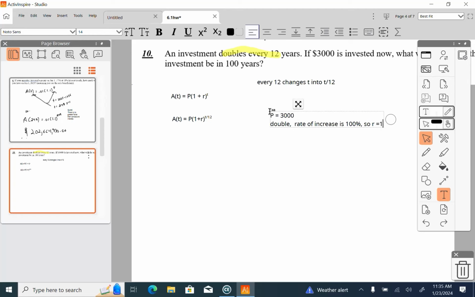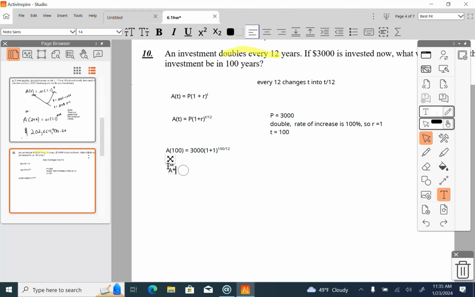So R is 1. And the time frame here is 100. So let's plug some stuff in here. The amount in 100 years is the principal of 3,000. R was 1. And the exponent, the time is 100, but we have to divide by 12.